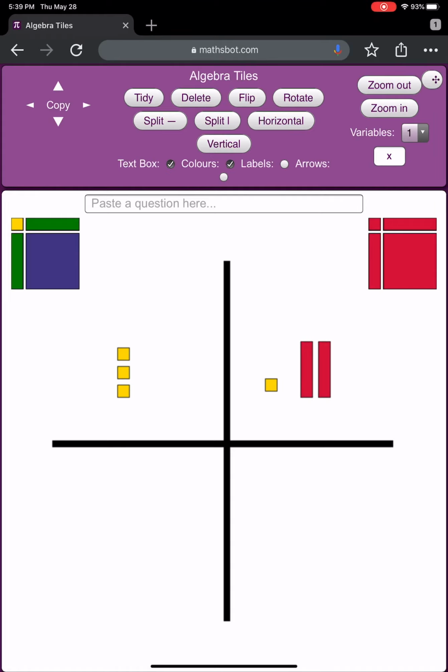So remember, when the 2 is right beside n, it means 2 times n, essentially. So it wouldn't be 2 negatives like this, okay? It would be these two variables.